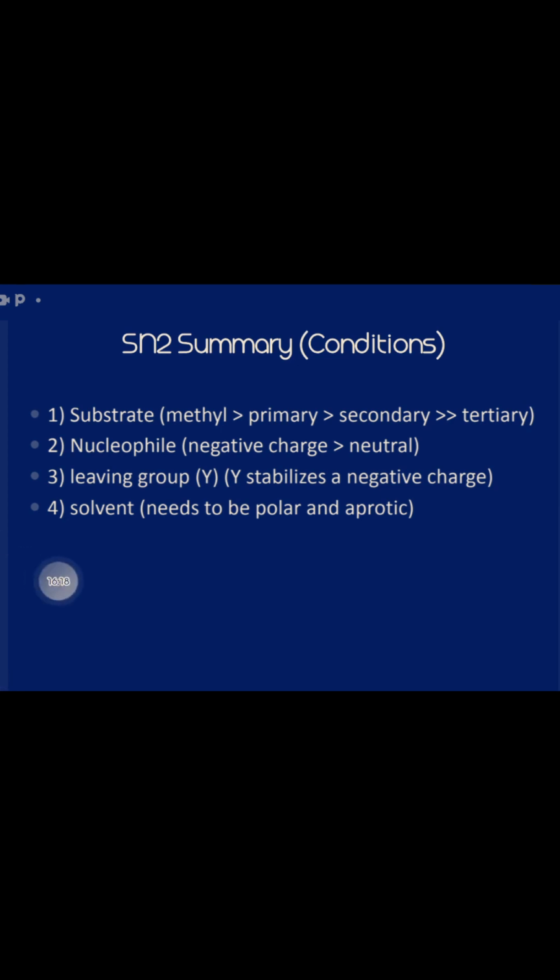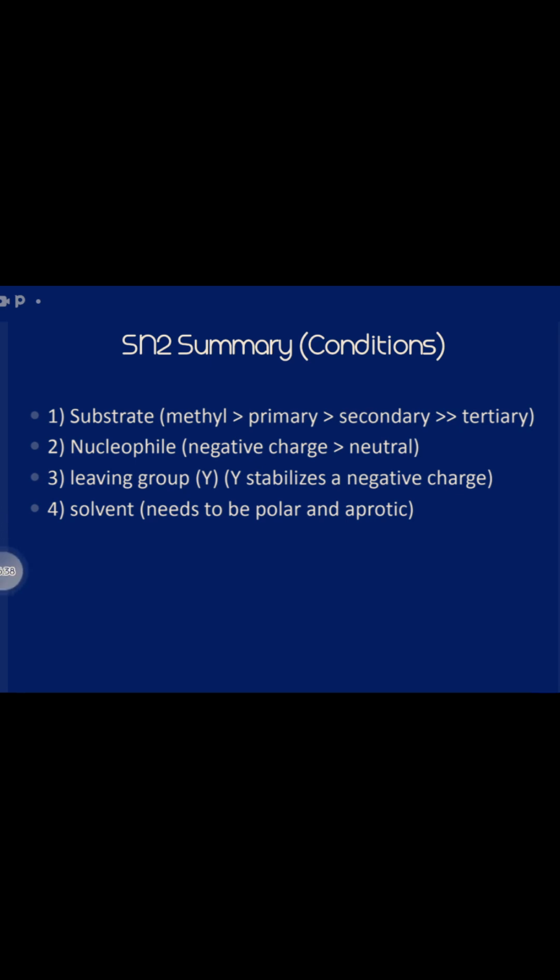Let's describe the summary of the whole lecture today. What is the effect of substrate? We discussed that methyl is the best substrate for SN2 reaction, then primary carbon is a good substrate, then secondary carbon, and tertiary carbon is not a good substrate.